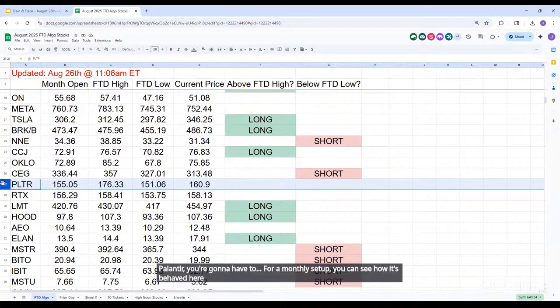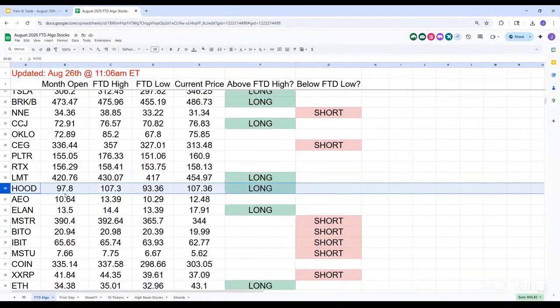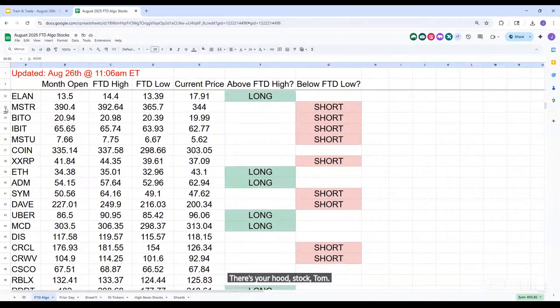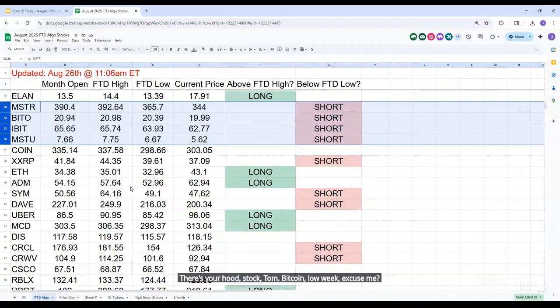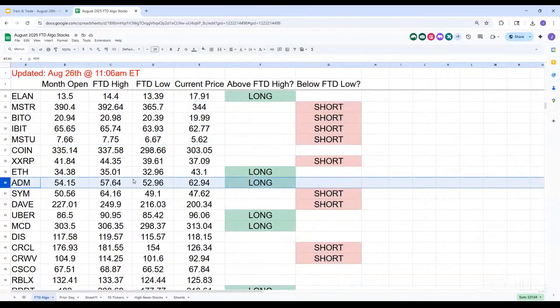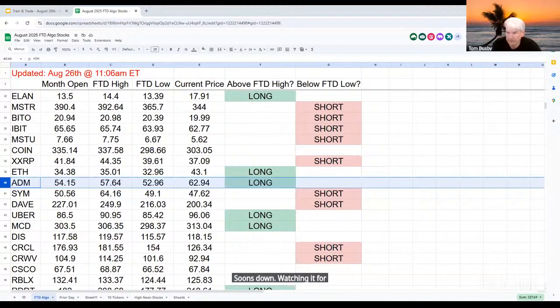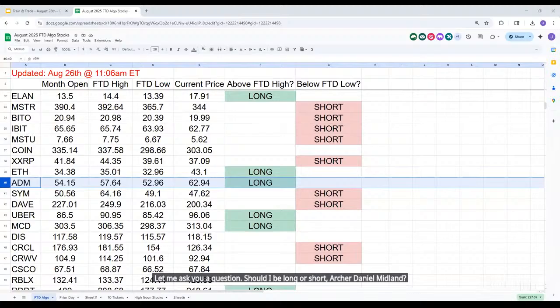We have to wait till next month for a new monthly setup on Palantir. There's your HOOD stock, Tom. Bitcoin a little weak. Archer Daniels Midland, I know you've been talking about trading that one soon, Tom. Watching it for a possible trade. Should I be long or short Archer Daniels Midland? You certainly should not be short.